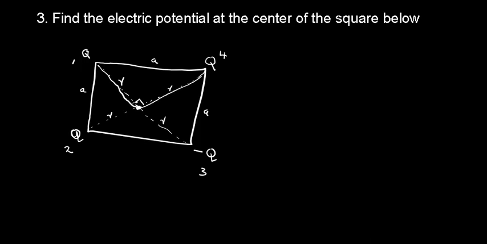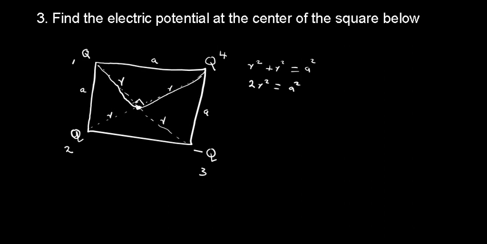So by Pythagoras, this r square here plus this r square here is going to give us a square. So this is the hypotenuse, this is the opposite, and this is the adjacent. So r square plus r square is going to give us 2r square, which equals a square.